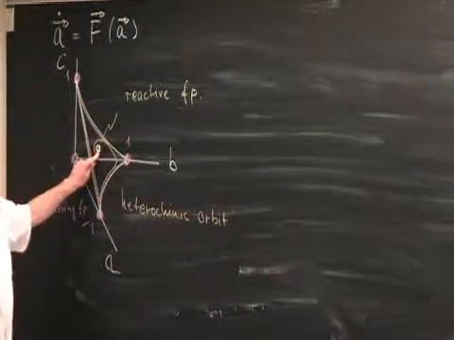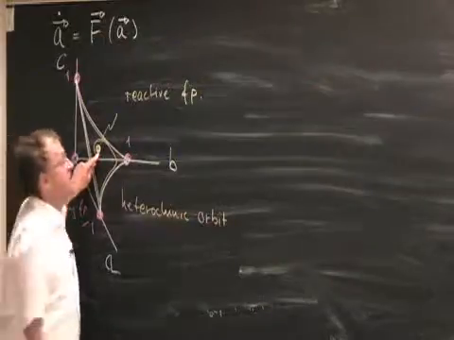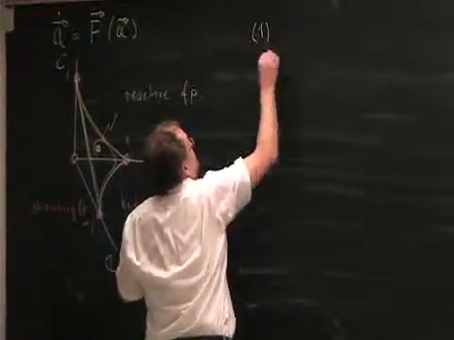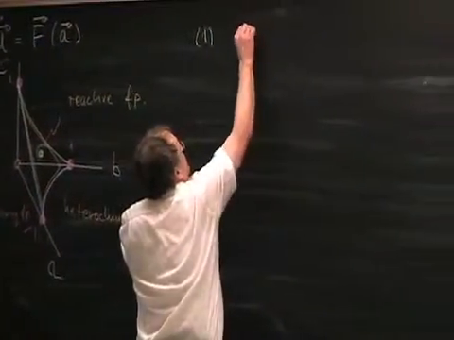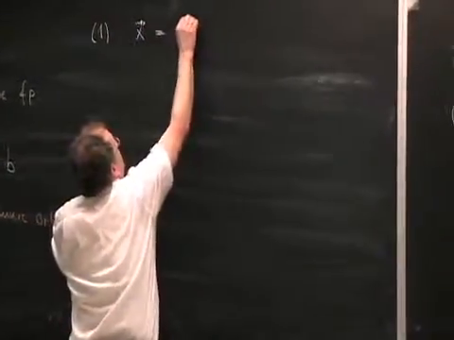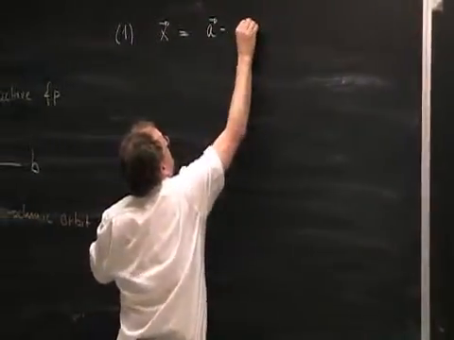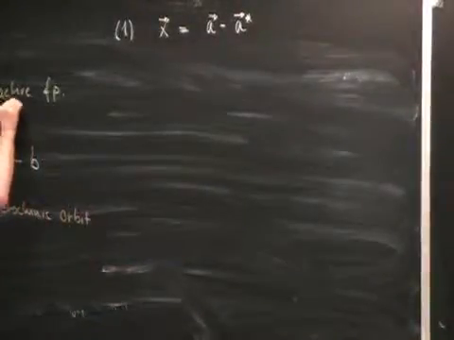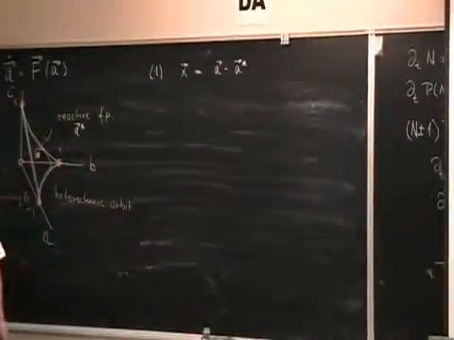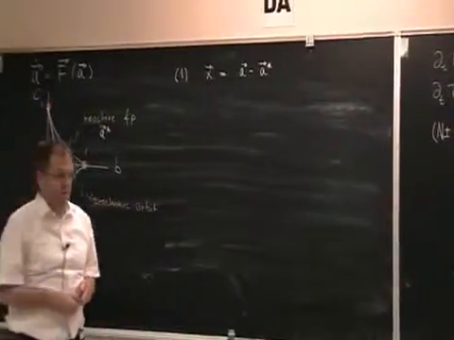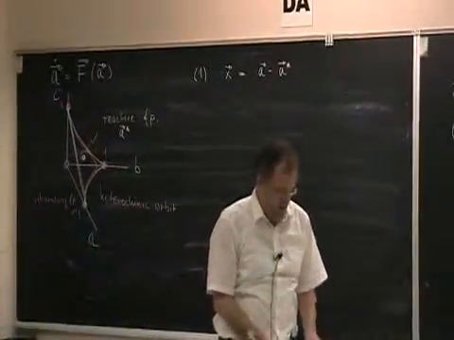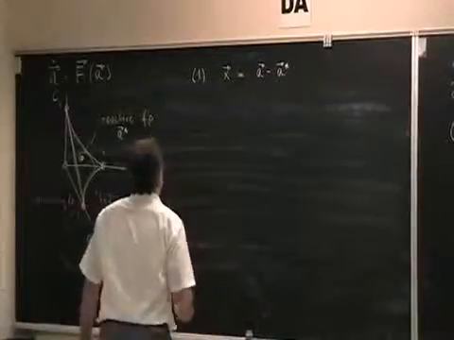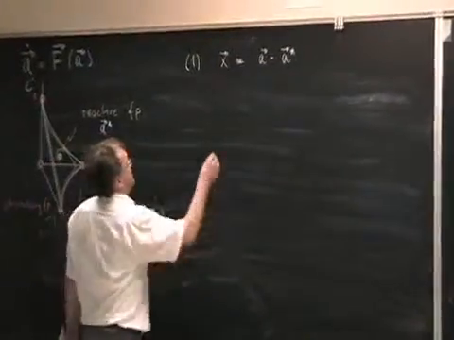The first one is, of course, you want to be at the fixed point. So the first step is you define a new variable, which is A minus the reactive fixed point, which I simply call A star. And you rewrite your equation in terms of this new displacement variable.